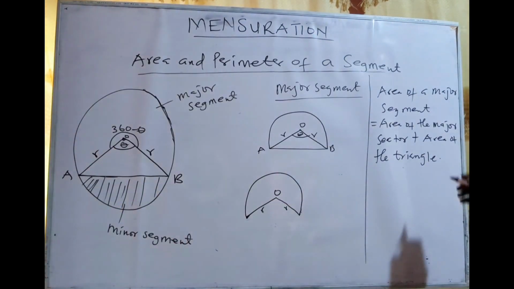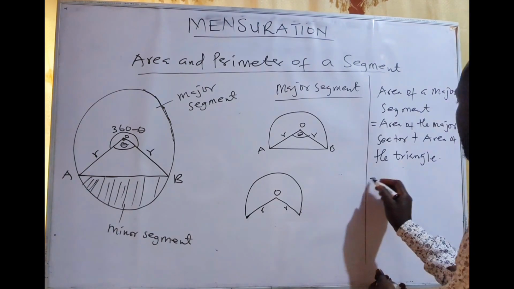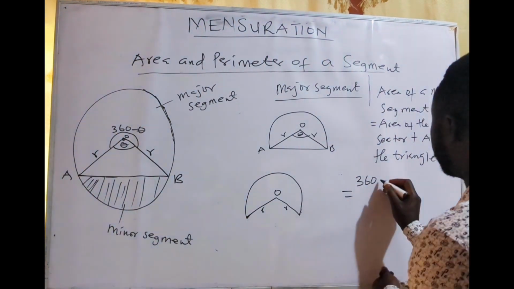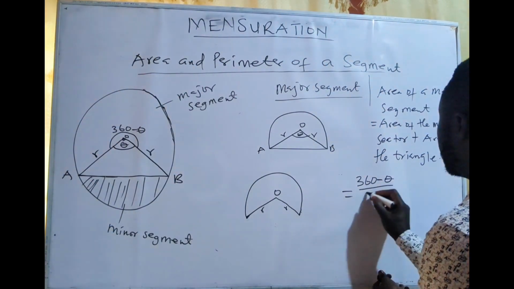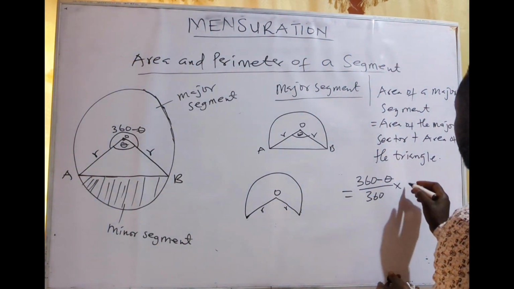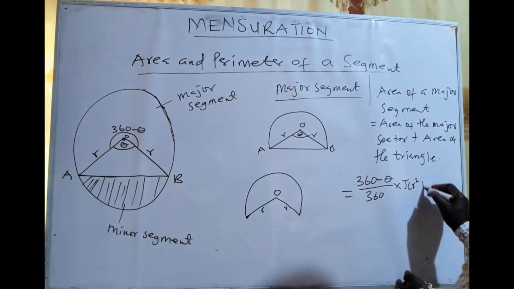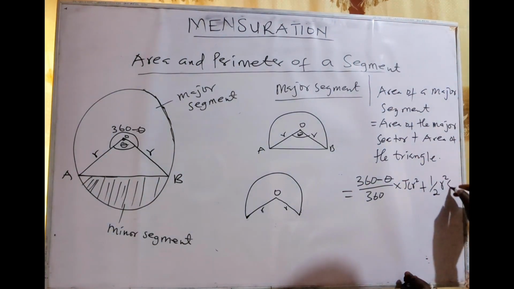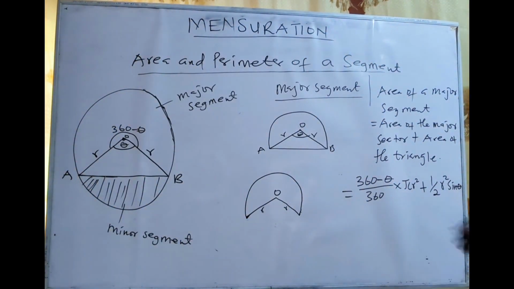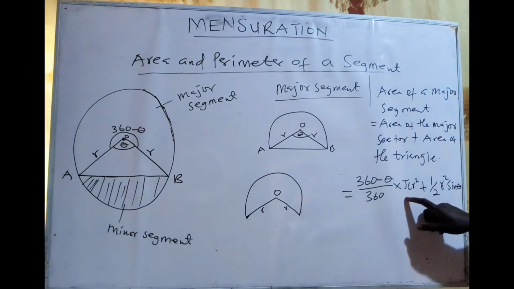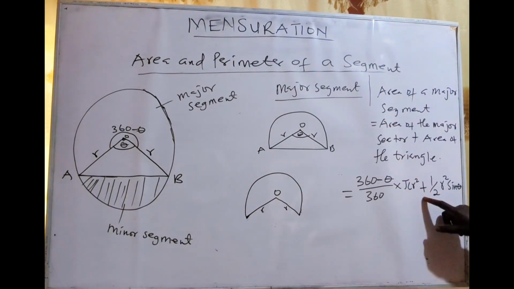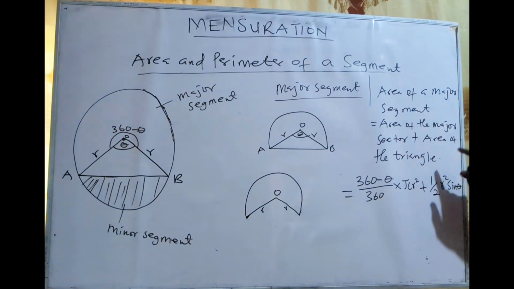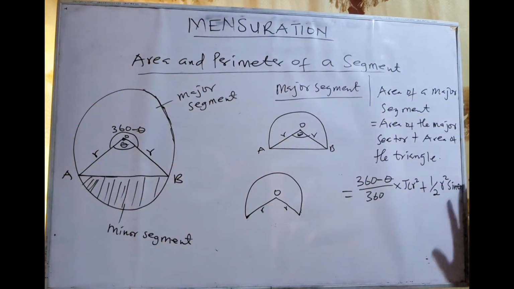So what is the area of the major sector? 360 minus theta on 360 times pi r squared, plus half r squared sine theta, where this is the area of the major sector plus the area of the triangle, which is half r squared sine theta.